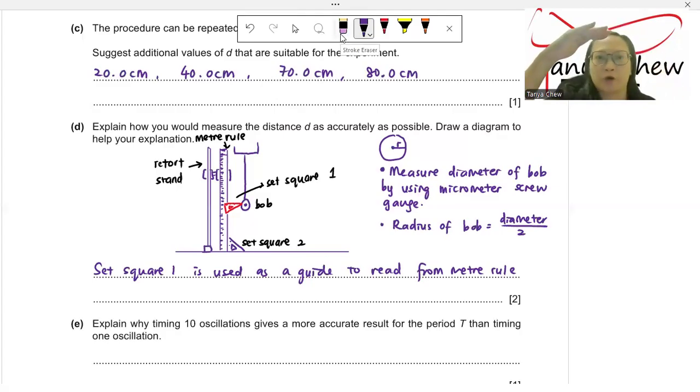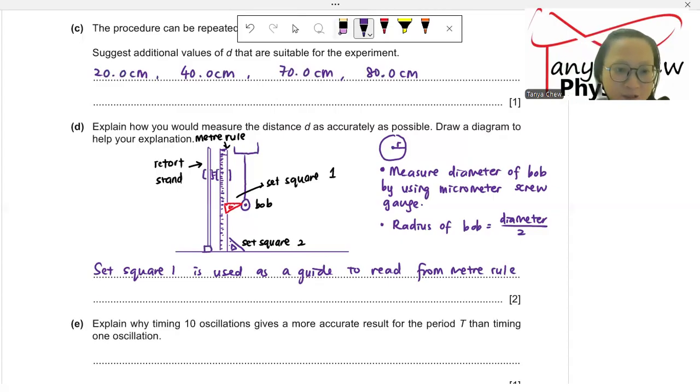So I need a guide here to make sure that the value of D is measured as accurately as possible. And then you have to put a mark on the center of the bob, remember? And the set square 2, I will just use it to put a mark on the bob so that the measurement of D is more accurate.